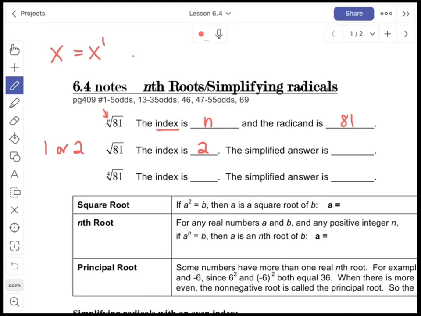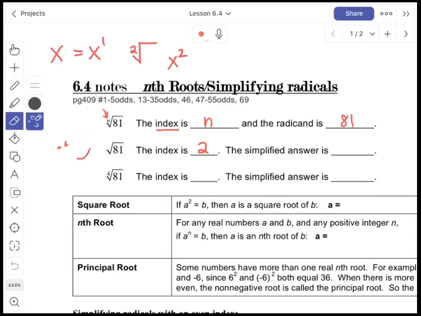Think about it, square root. X squared is x to the second. So the square root is actually with the index of 2. So there's an understood 2 in this index right here. That's a little different.